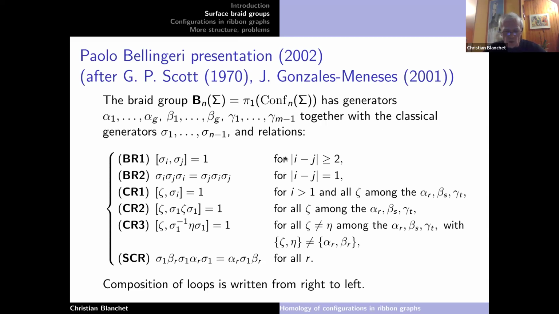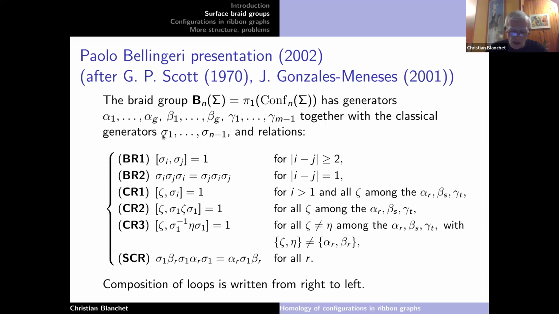The one I'm formulating here is from Paolo Bellingeri. So we have here the pi1 generators, 2g pi1 generators, plus m minus 1 corresponding to the boundary components.